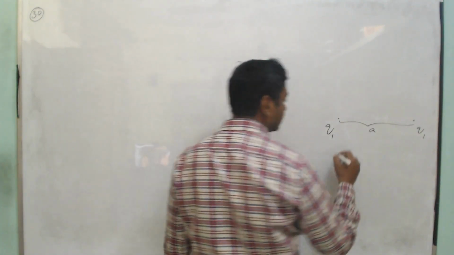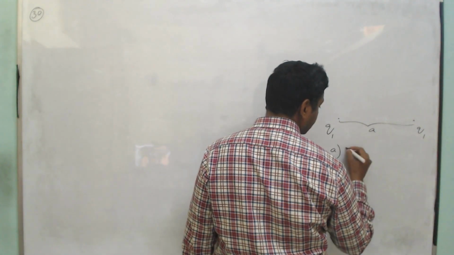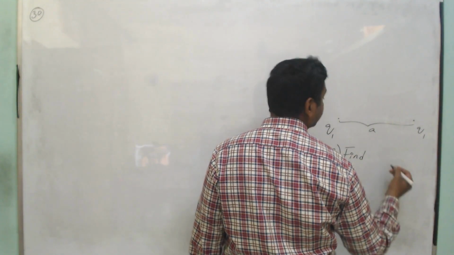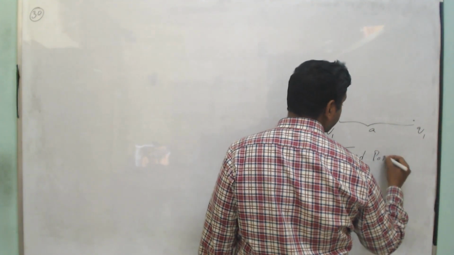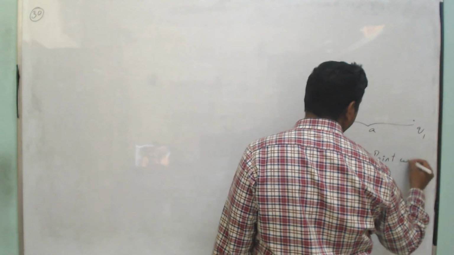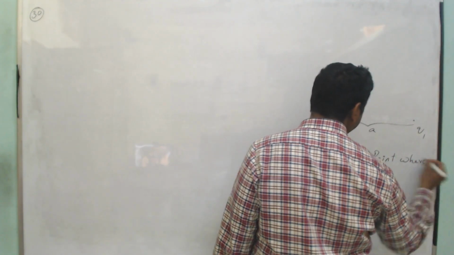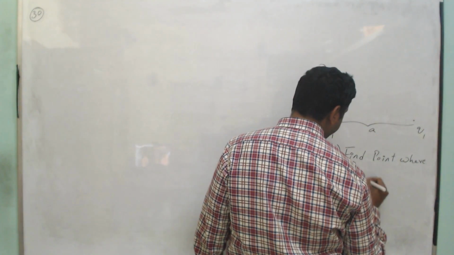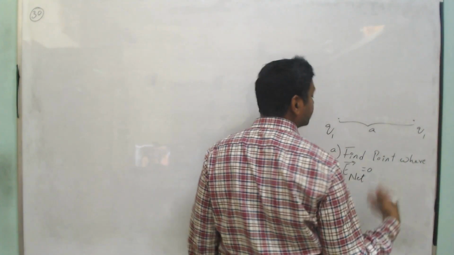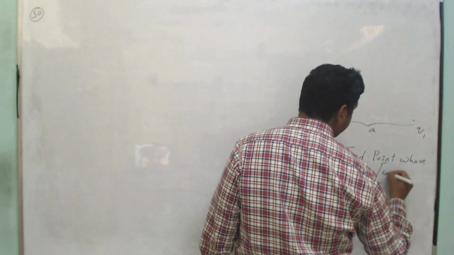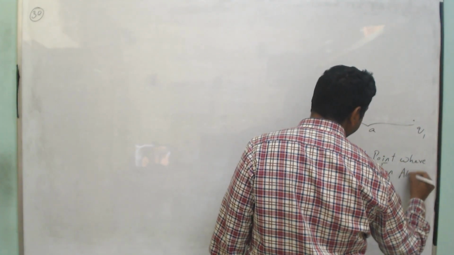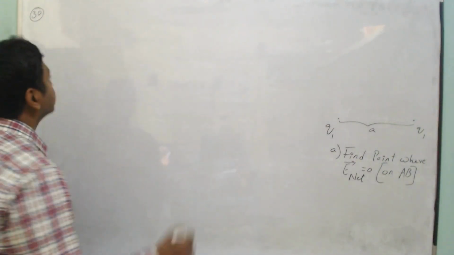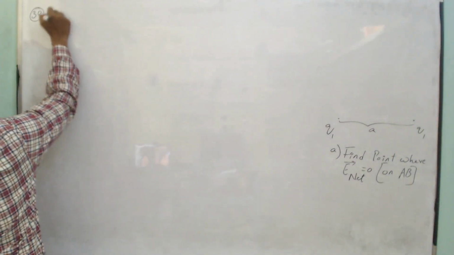Now, what was our first thing? Our first thing is find the point where the net electric field is zero, right? Where are we finding this? On the line AB itself. We said let the distance be x.